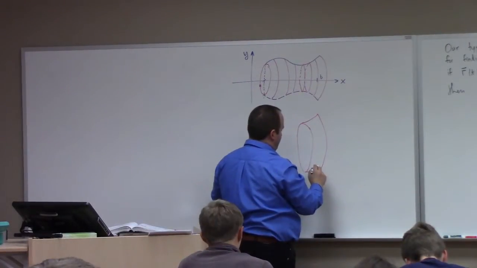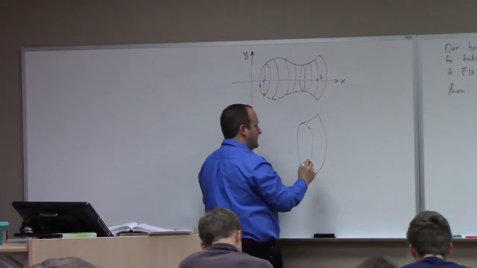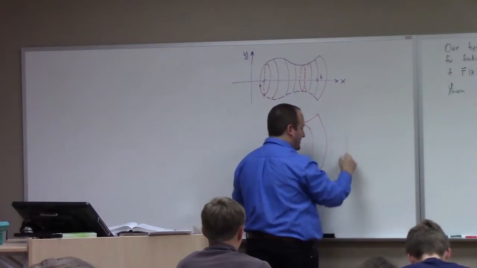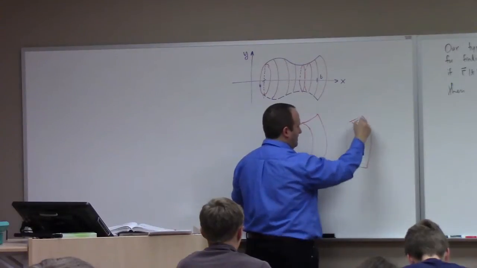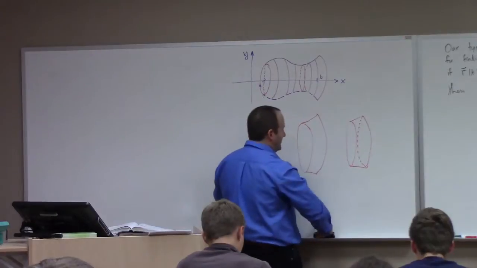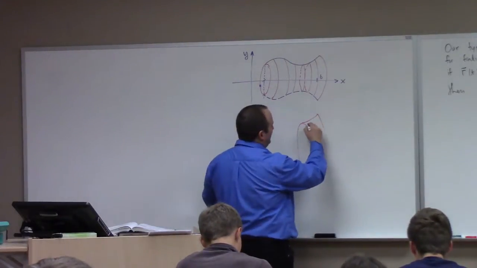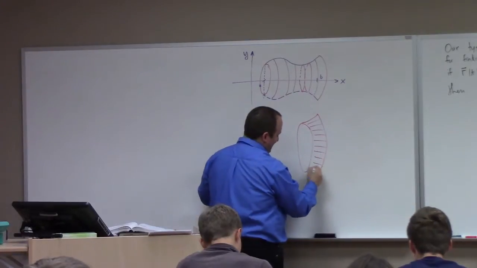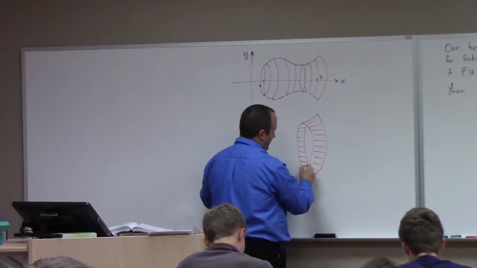I'm having a mental block in terms of my picture. Try this again. Just don't like it. Sorry. It's just my stupidity. Anyway, the question is, what's the area of this band?